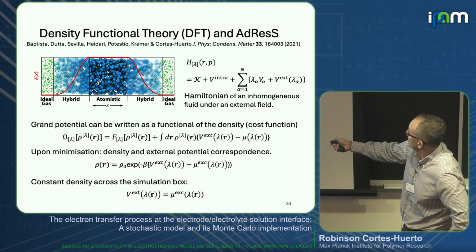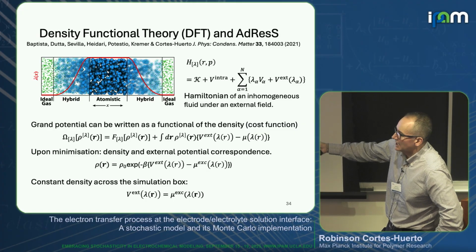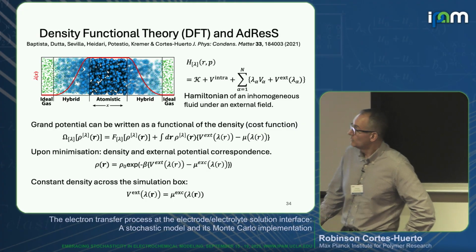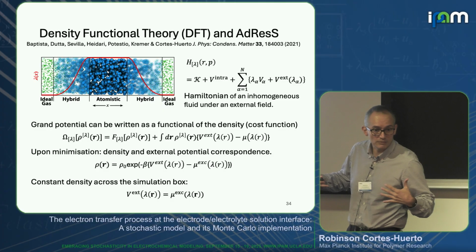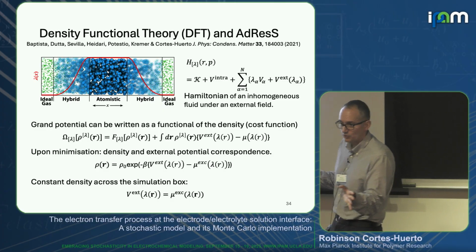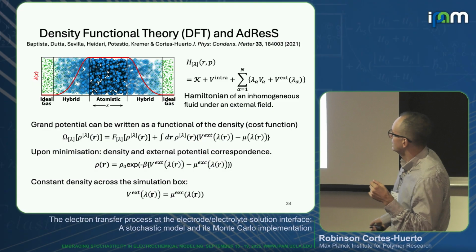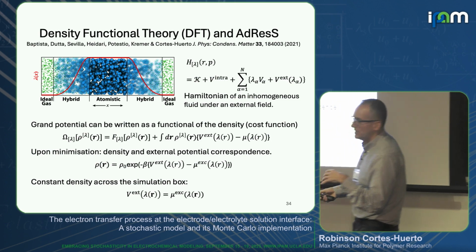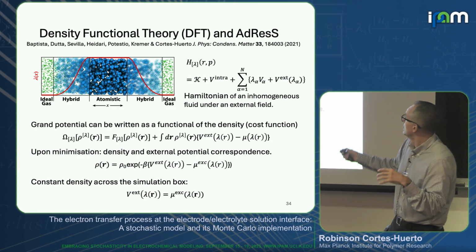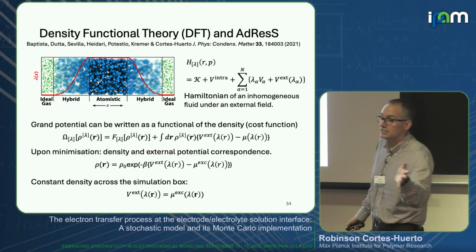You can see now that when lambda is equal to 0, only kinetic and intramolecular terms survive. When lambda is equal to 1, you recover the fully atomistic Hamiltonian. We have an external potential here that at this point we don't know what it is. But this Hamiltonian is actually equivalent to having an inhomogeneous fluid under an external field, and this admits a solution using classical density functional theory.